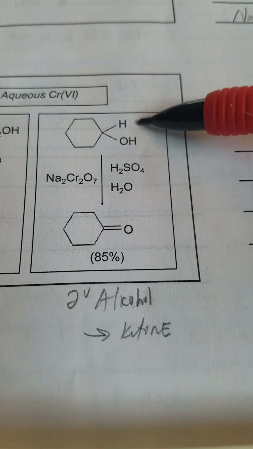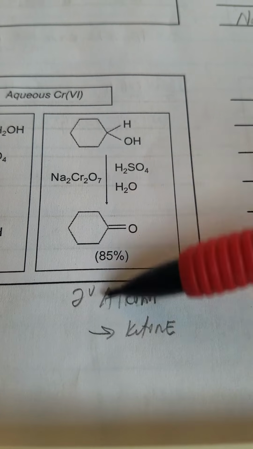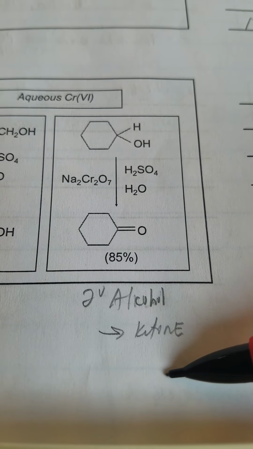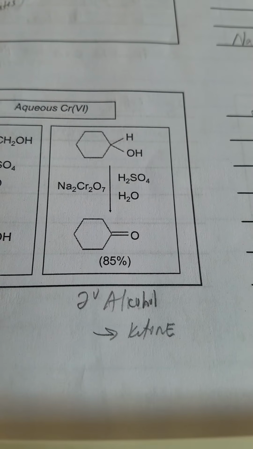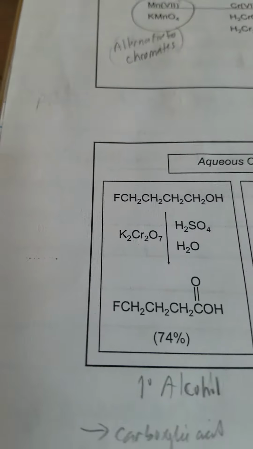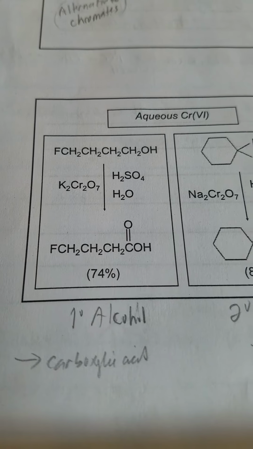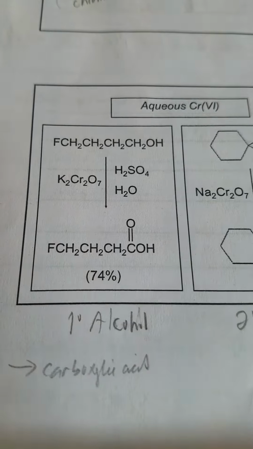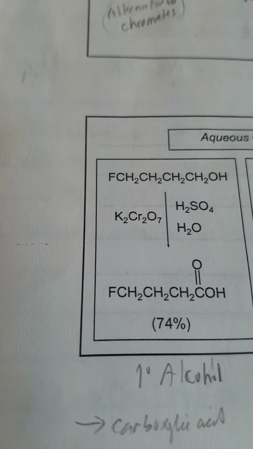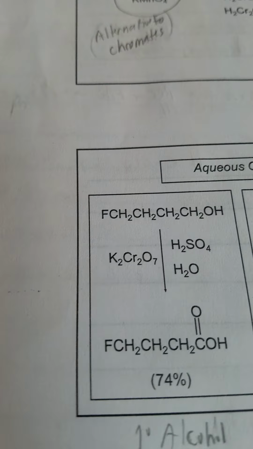If you start off with a secondary alcohol and do the same thing, you'll get a ketone. So secondary alcohols always form ketones. Primary alcohols, depending on whether your reagent is a strong oxidizing agent or not, will form a carboxylic acid or stop at the aldehyde stage.